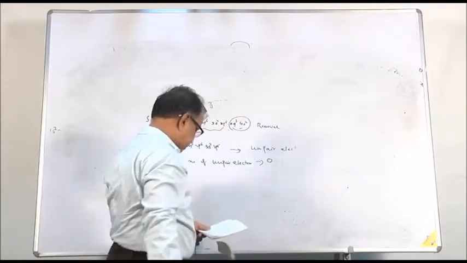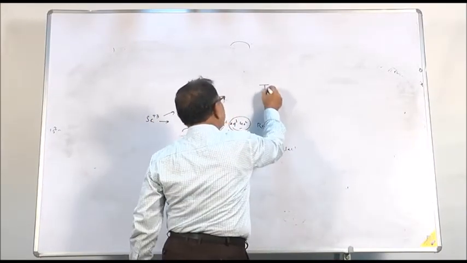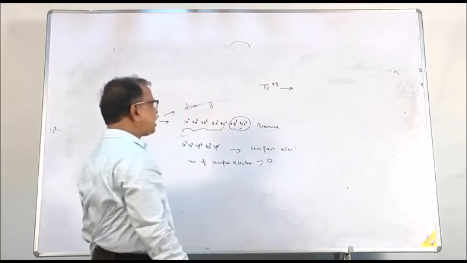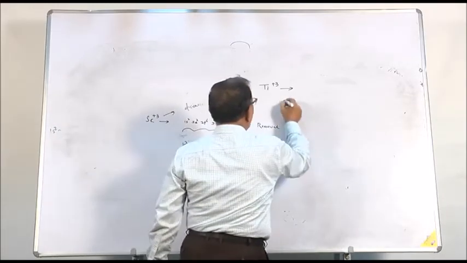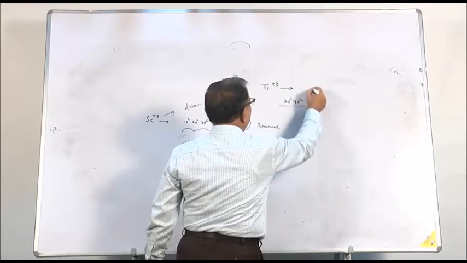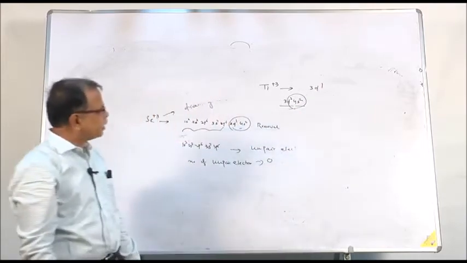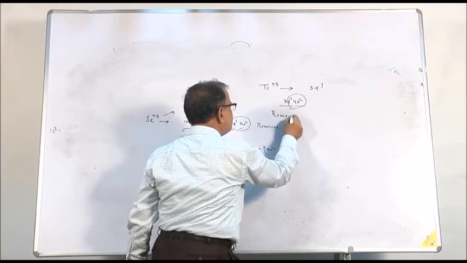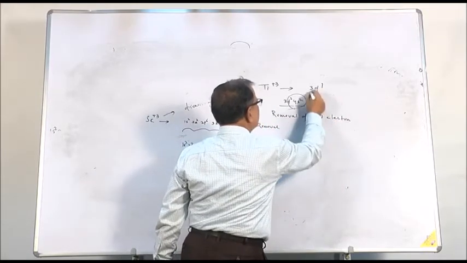Now another example: titanium 3+. Titanium is 3d2 4s2. After removal of 3 electrons, it becomes 3d1.